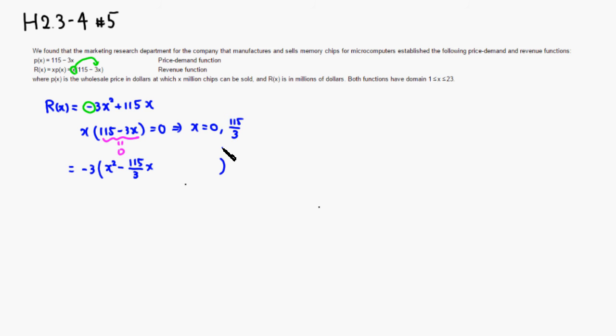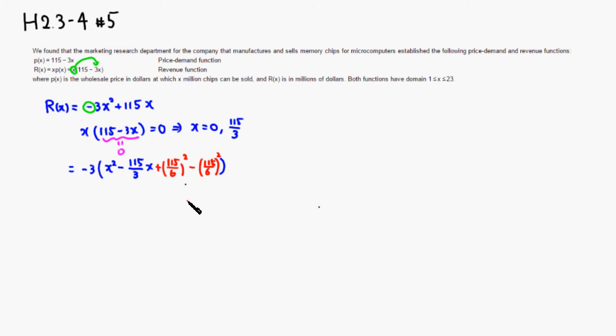No, it's not going to be a nice number. So we just need to find the third number that we need to complete the square. That would be 1/2 of that, which is 115 over 6, and then you have to square that. It's an ugly number, but that's the number we need, minus the same number.